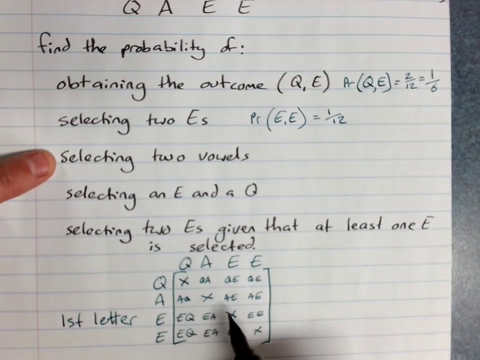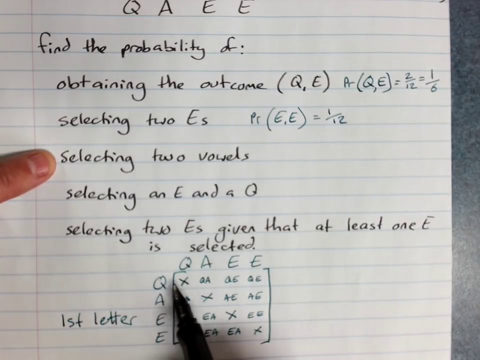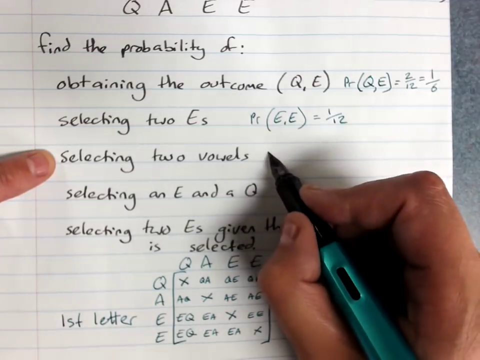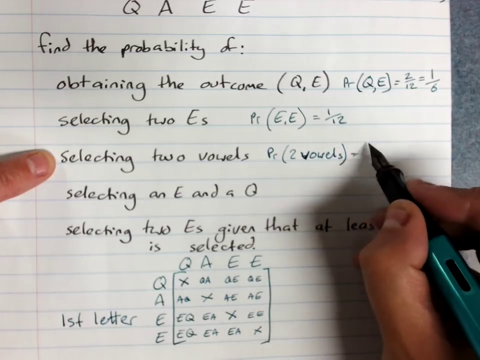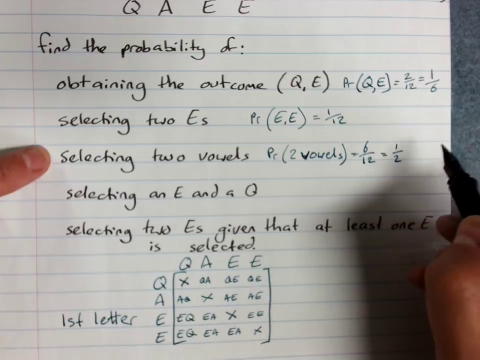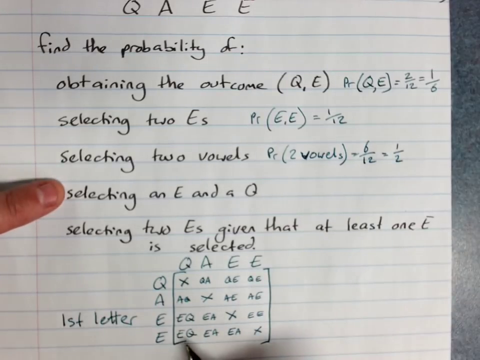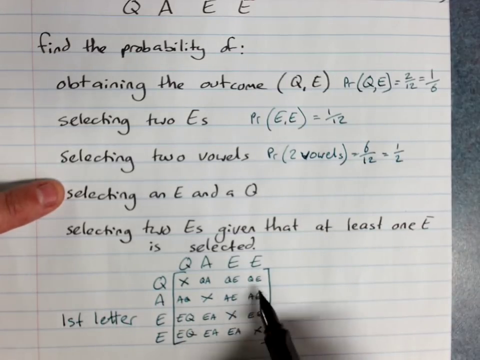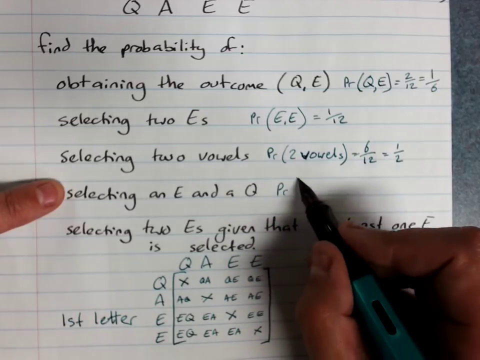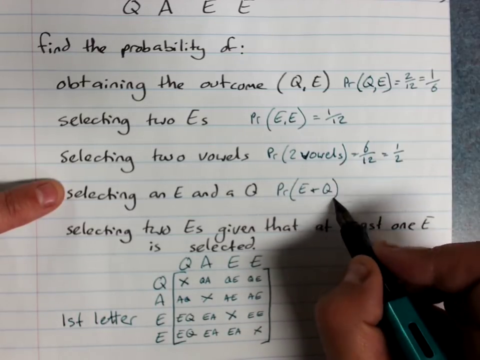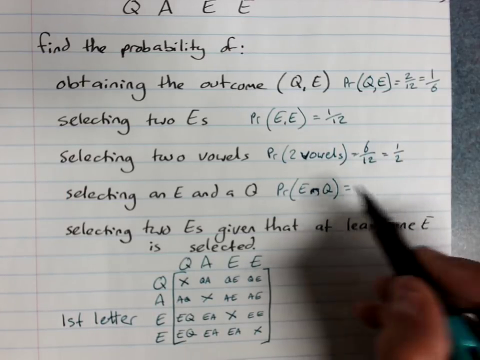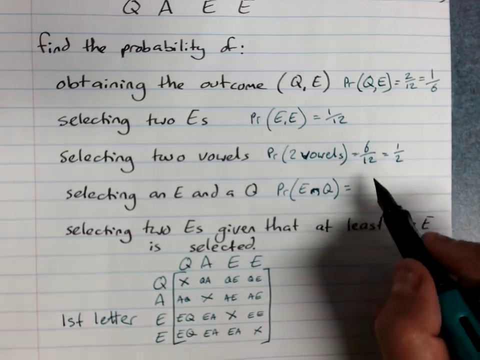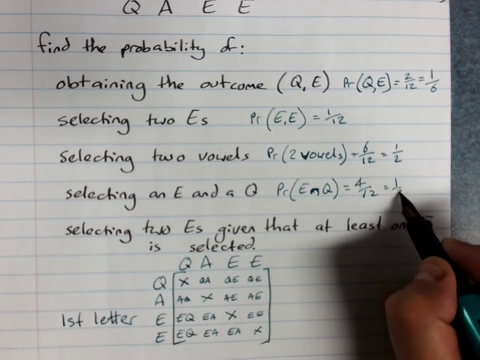Probability of selecting 2 vowels, nothing with a Q. So it's 1, 2, 3, 4, 5, 6. An E and a Q. So either of those are fine and either of those are fine. Intersection will be fine there too. Lost count, 1, 2, 3, 4, 4 over 12, 1/3.